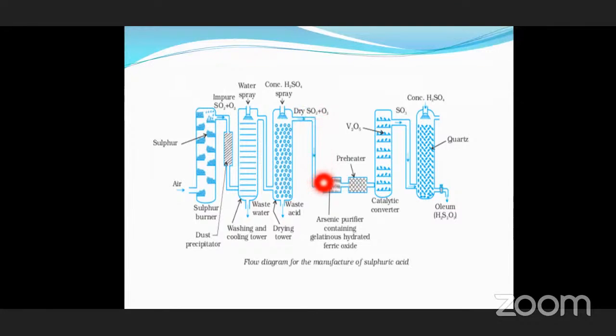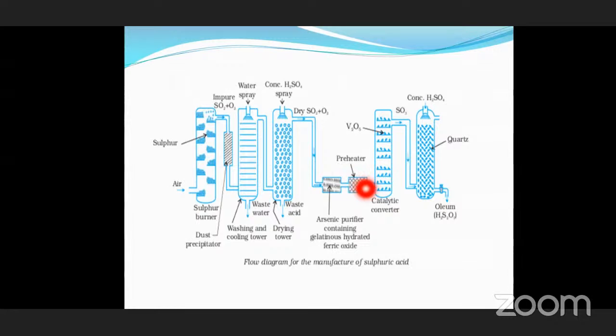Then here there is one operator. What is its name? Arsenic purifier. In this arsenic purifier, the substances are purified. From this, the sulfur dioxide as well as oxygen molecules are transferred to the preheater. The use of the preheater is that it will provide the heat to participate in the reaction.